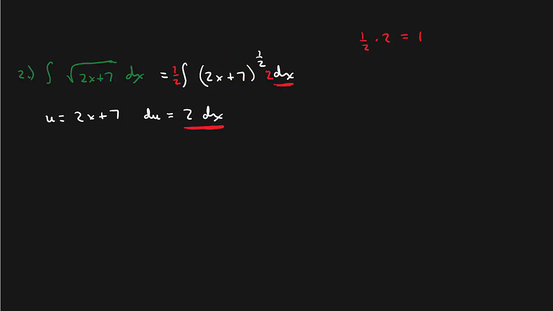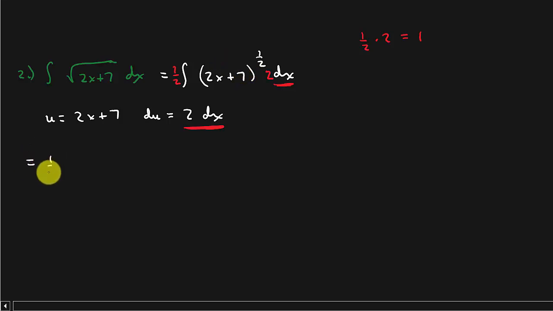Now I'm going to get 1/2 times the integral, and the 2x plus 7 is going to be replaced with u, and the 2 dx is going to be replaced with du. Now you can see I have this in the form x raised to a power. When I integrate that, that's 1/2 times u to the 3/2.